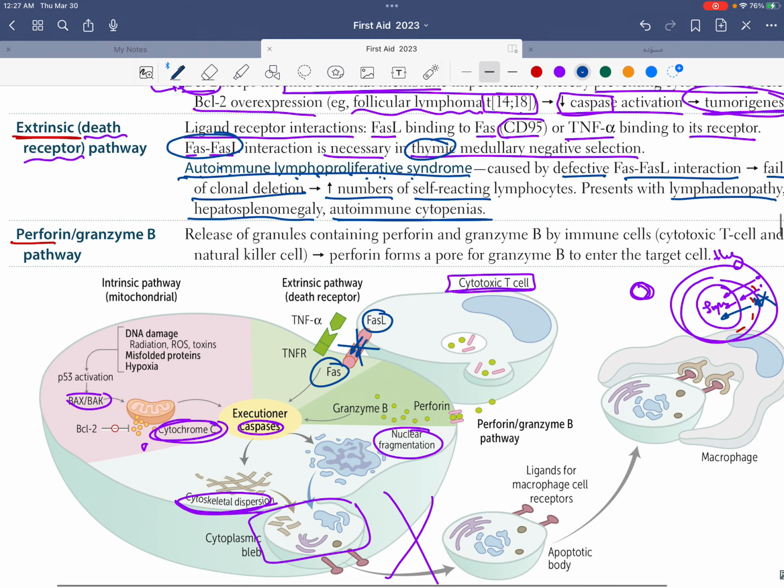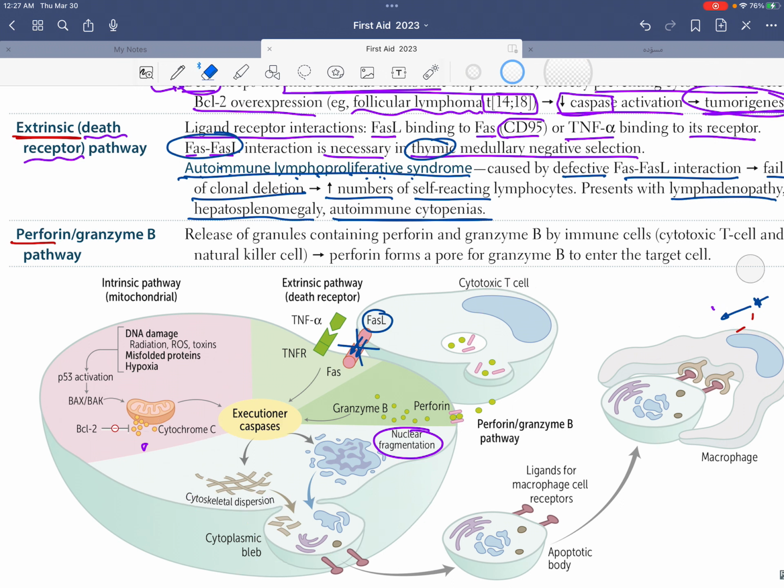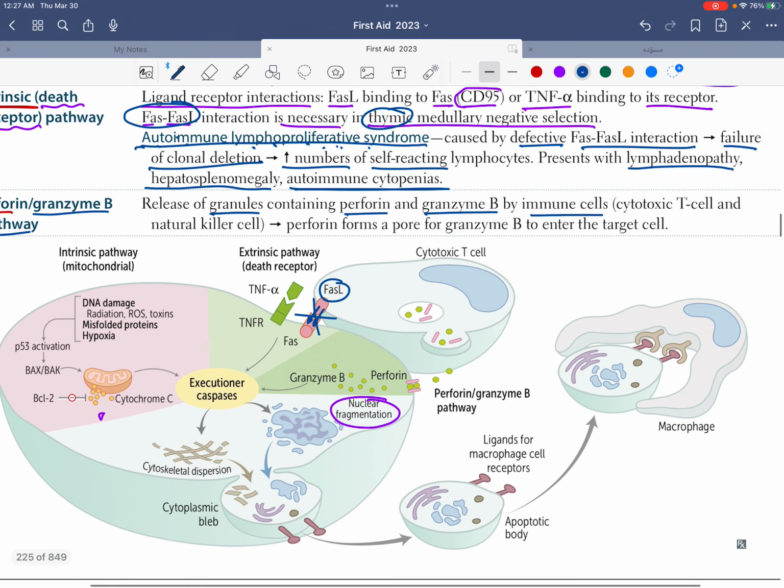One more pathway of killing these cells is the perforin/granzyme B pathway. It's a release of granules containing perforins and granzyme B by immune cells, like cytotoxic T cells and natural killer cells, where perforin forms a pore for granzyme B to enter the target cell.